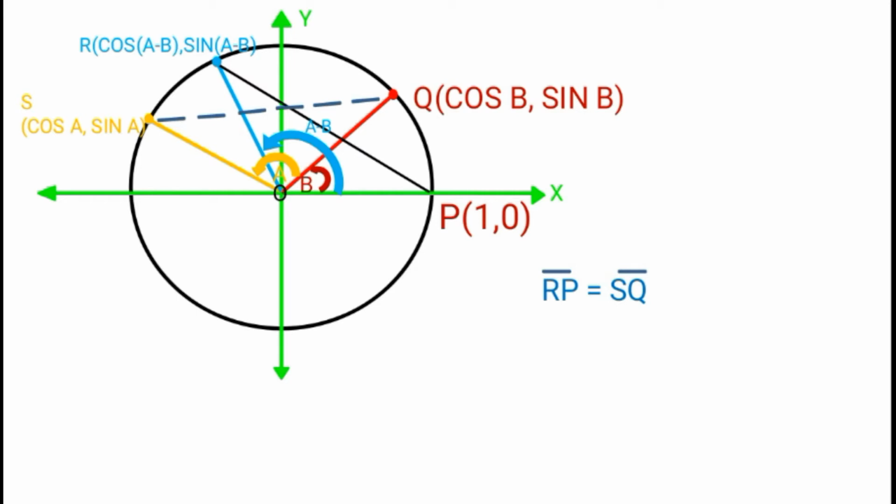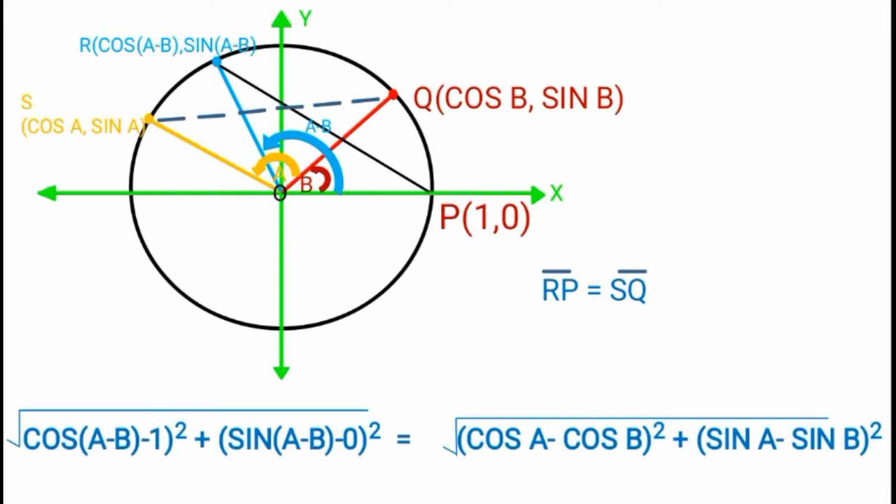So what's the length of chord RP? Well, you've got a point R and a point P. It's pretty easy to figure out the distance between two points using the distance formula. And the same idea between S and Q. If you do, it'll look something like the following. We've got cosine (A minus B) minus 1.